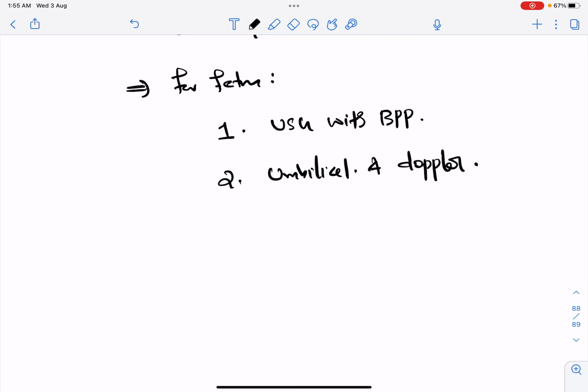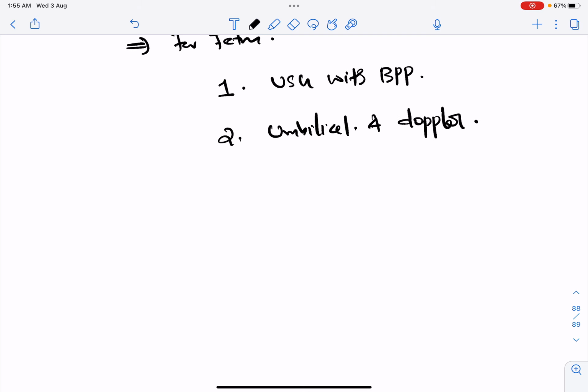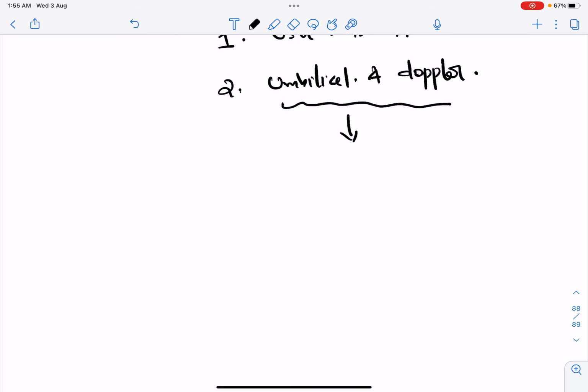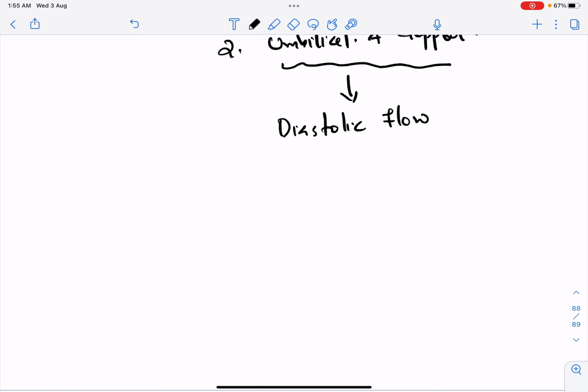You can interpret the umbilical artery Doppler by looking at the diastolic flow. Okay, in the umbilical artery Doppler, you have to look for the diastolic flow.